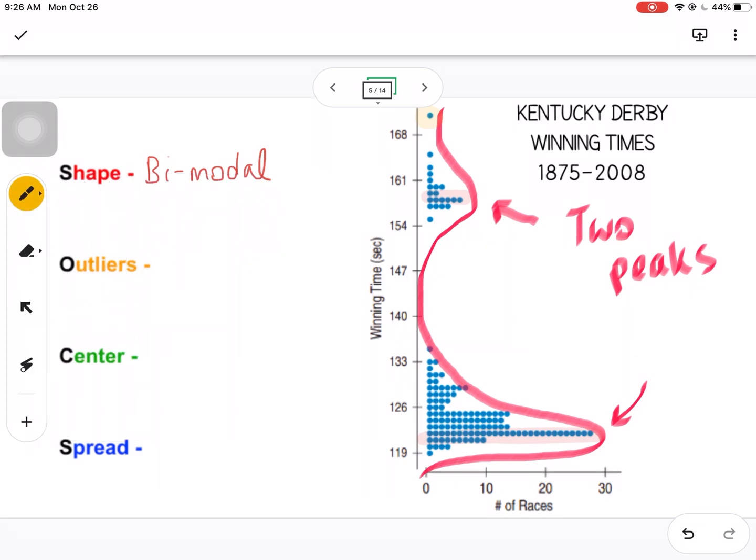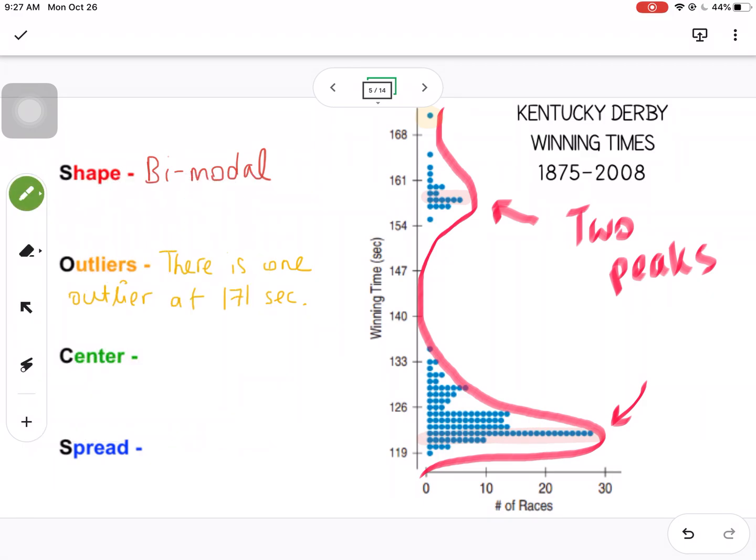So I could say there is one outlier at about 171 seconds. So one of the winning times was 171 seconds, which doesn't really seem to fit in with the rest of the data.